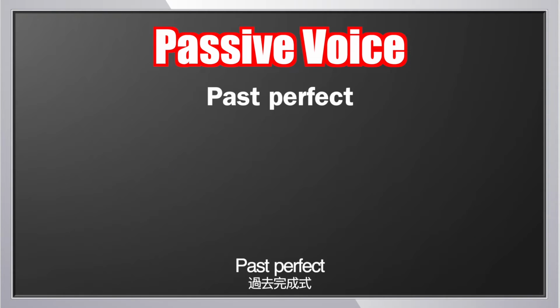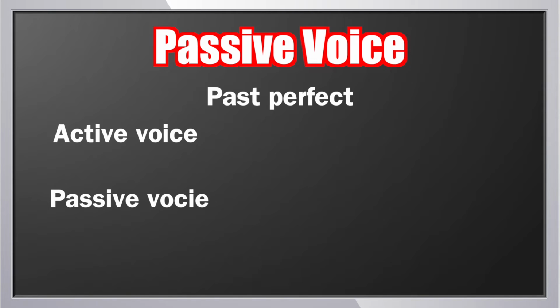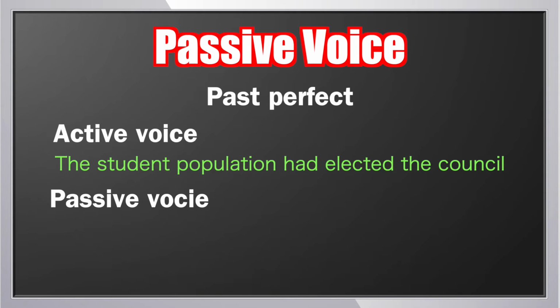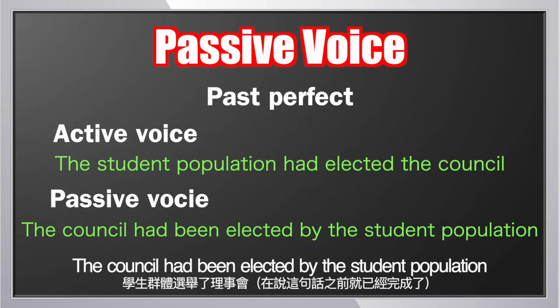Past perfect. Active voice. The student population had elected the council. The passive voice form is the council had been elected by the student population.